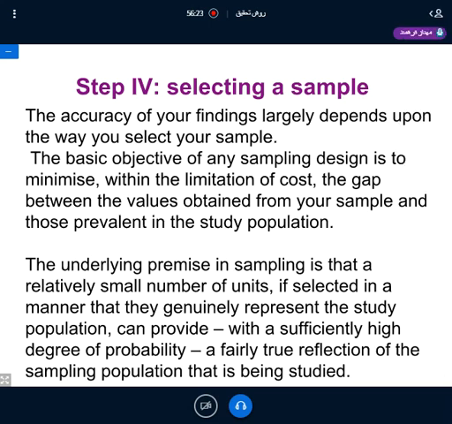So we must minimize the costs and we must investigate the limitation of the gaps in the values for our sampling.